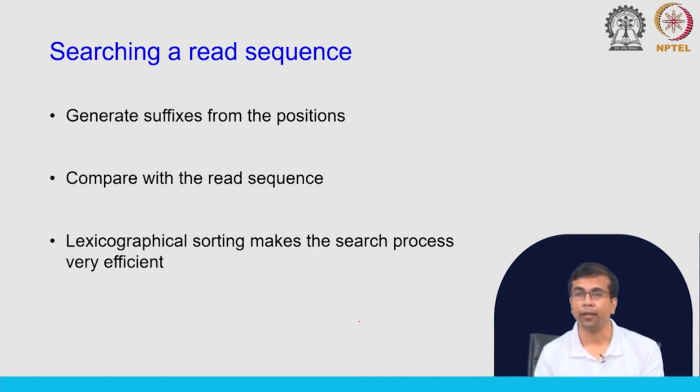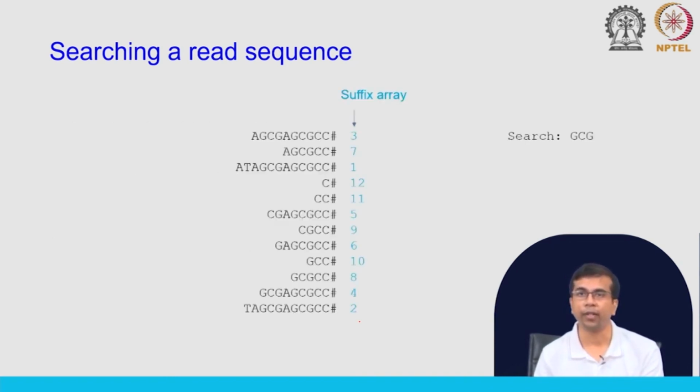So, again let us take an example, and that will be much easier to understand. Let us take this read GCG. We have taken this example in the case of suffix trees also, and let us see how we can find this GCG here. So, how do you actually search? We can use some sort of search algorithm called binary search.